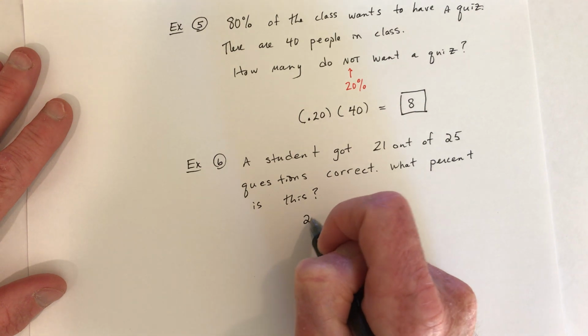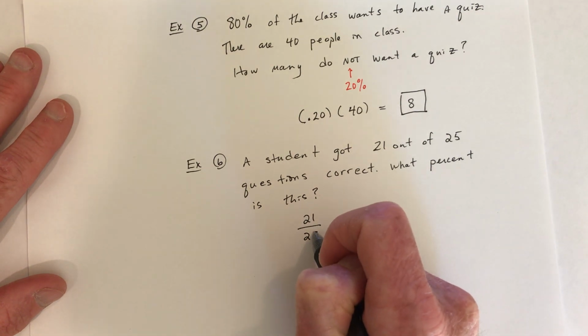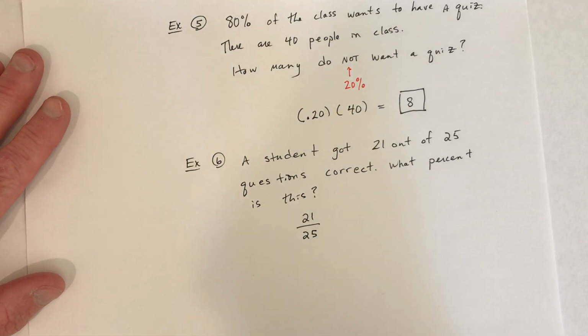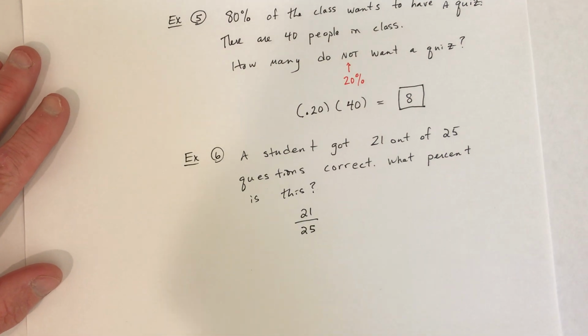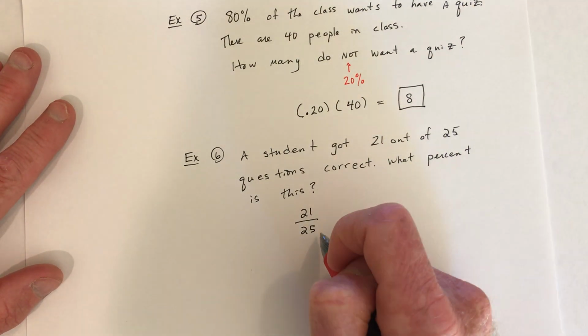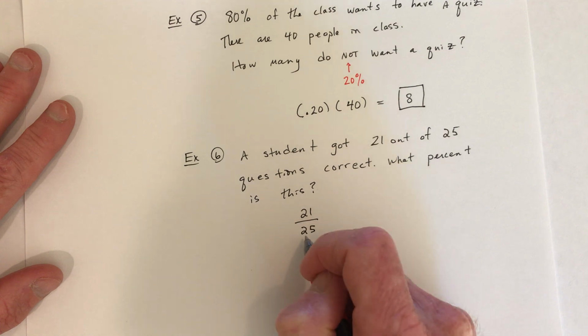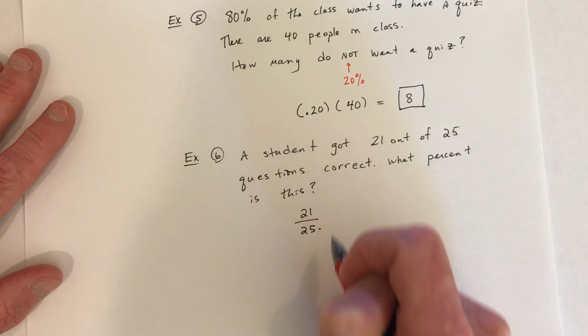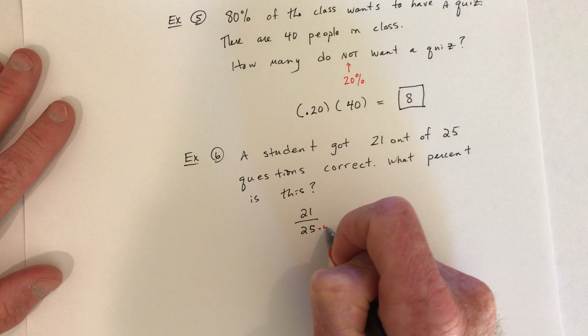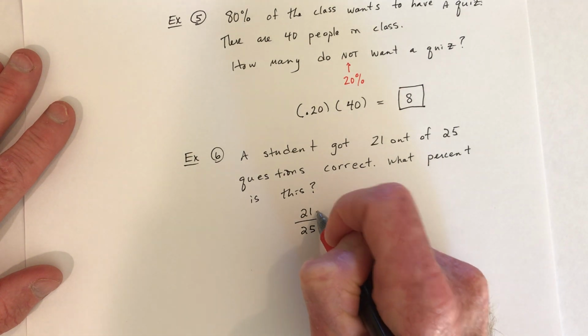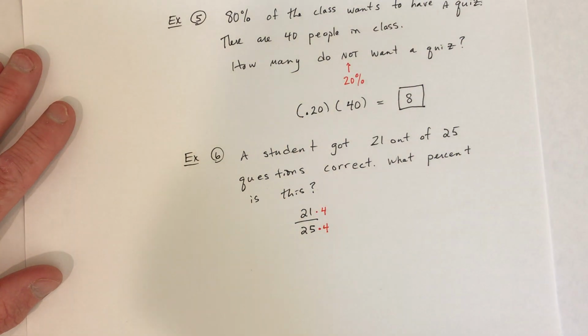So you can do 21 out of 25 questions. And then we could use the calculator, yes, but it would be more fun to make the bottom become 100. So to do that, I'll need to multiply by 4. And if you multiply the bottom by 4, you need to multiply the top by 4.